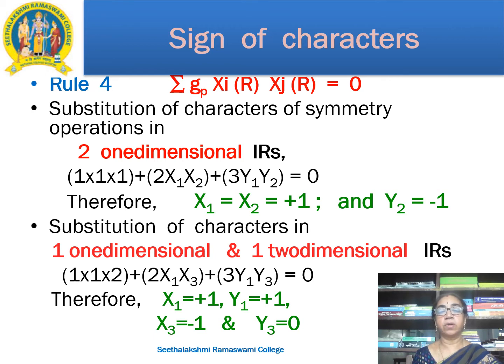The total is equal to 0. On solving the equation, the value of x3 is concluded as -1, the value of y1 as +1 and that of y3 as 0. Now, the characters of all the symmetry operations have been found out.